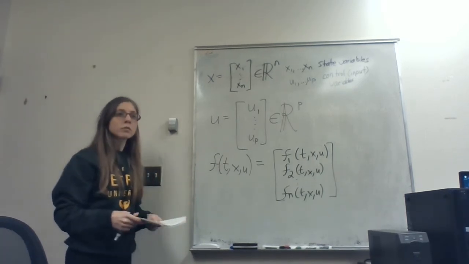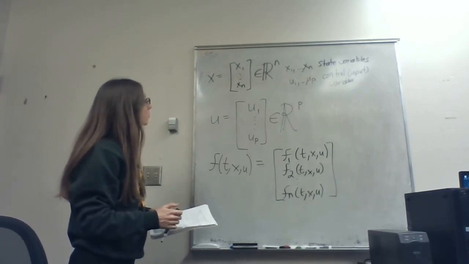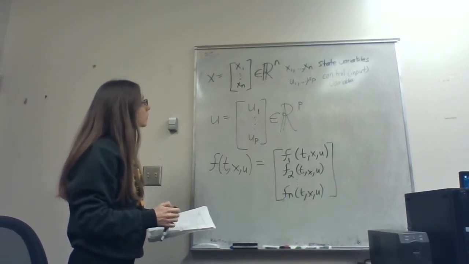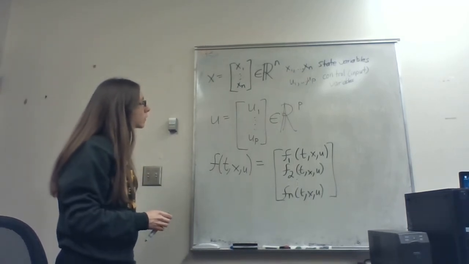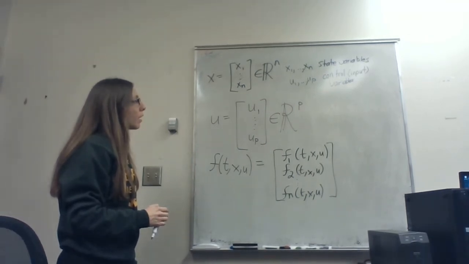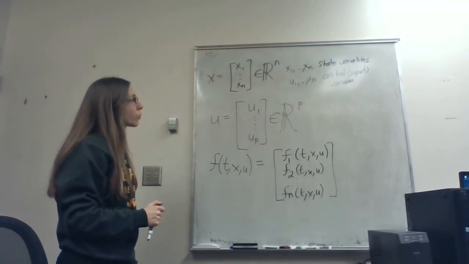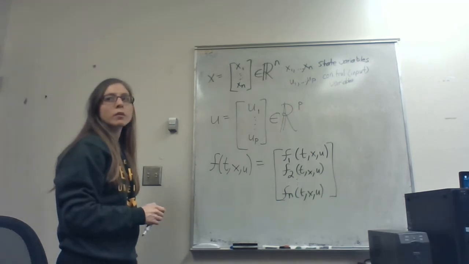The number of states should be greater than the number of inputs, n greater than p, or what is the relationship between these two? That's a good question. I don't know from a controllability and theoretical viewpoint what happens if your number of inputs is greater than your number of states.